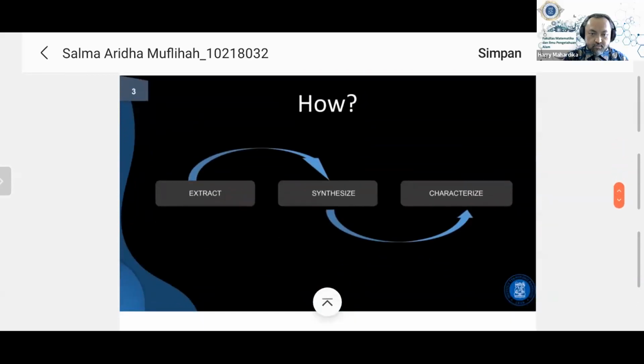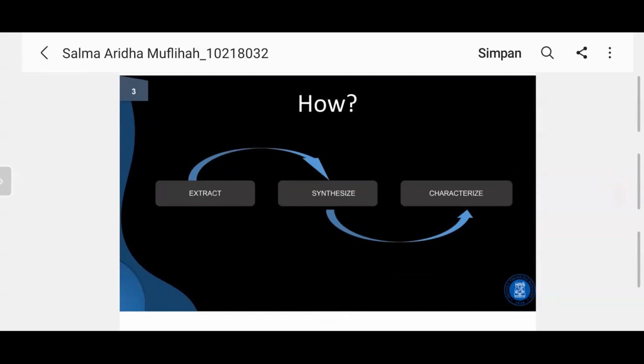Okay, and then how my research works. First, I do my extract. It's like make a tea from the paper betel. So I just heat the powder of paper betel in certain temperature and in certain time. After that, I cooled it down and then I synthesize.